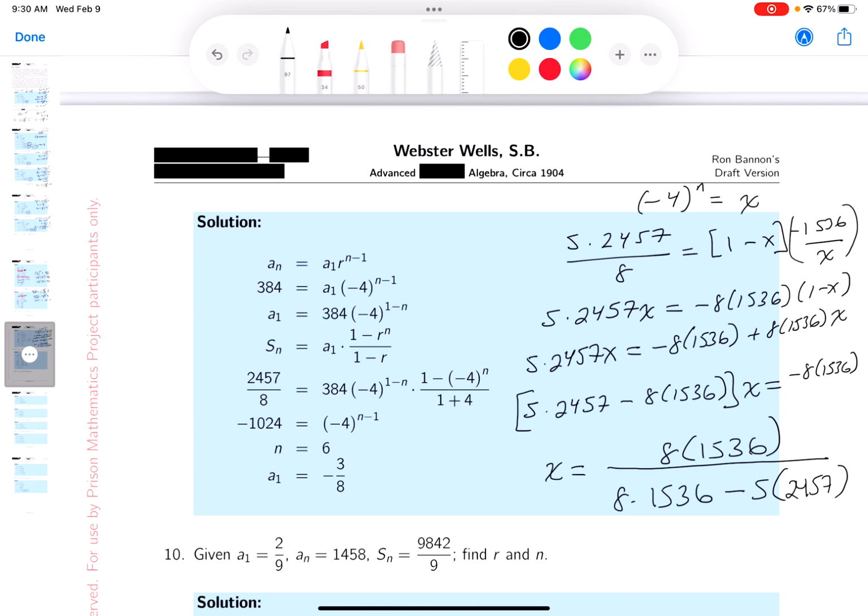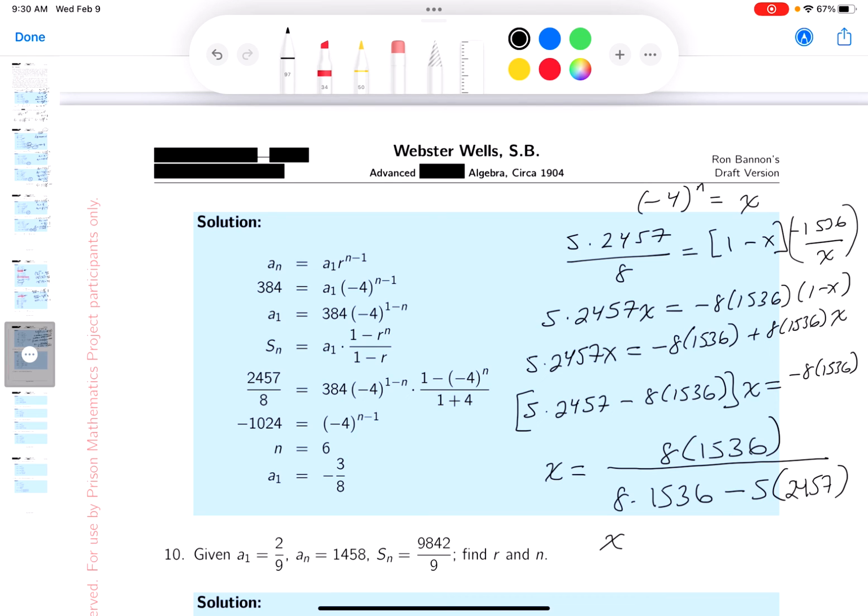8 times 1536. And I'm going to divide it by 8 times 1536 minus 5 times, yep, I'm typing it in, 2457. And what do you get over there? You get 4,096.